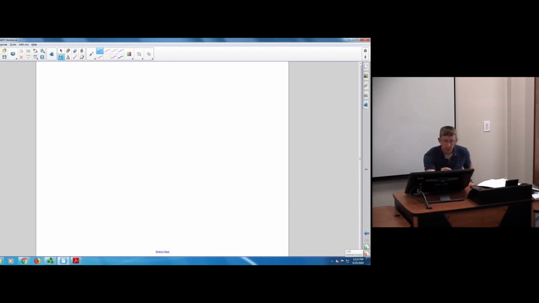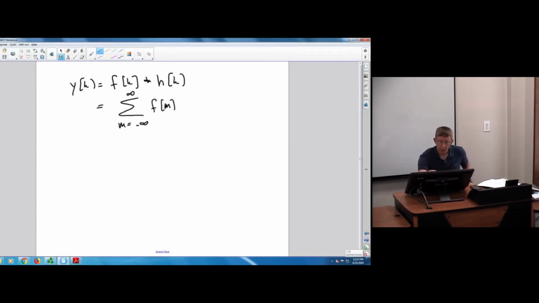If I write y of k equals f of k convolved with h of k, I really mean write down the sum from m equals minus infinity to infinity, f of m, h of k minus m. So that's what I mean to do.